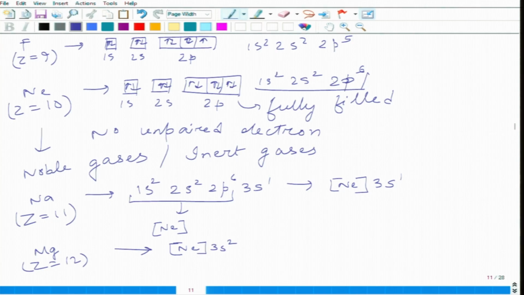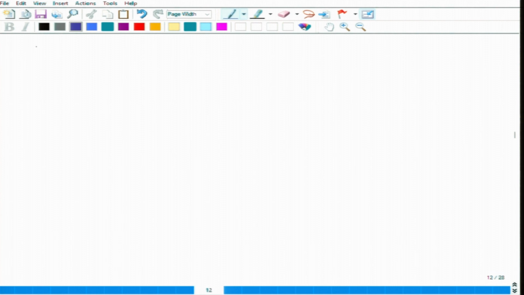The next noble gas is argon with atomic number 18, and the electronic configuration of argon is 1s2, 2s2, 2p6, 3s2, 3p6.